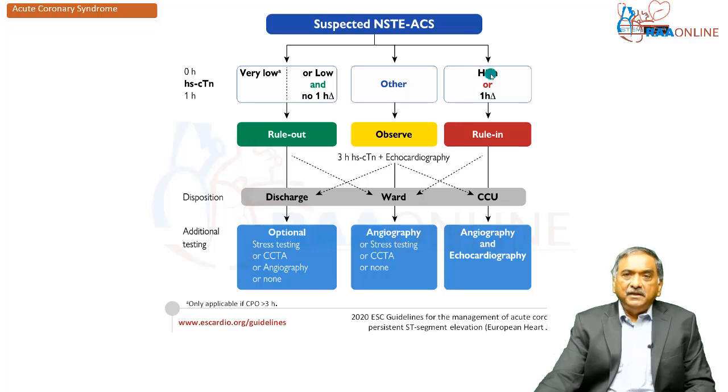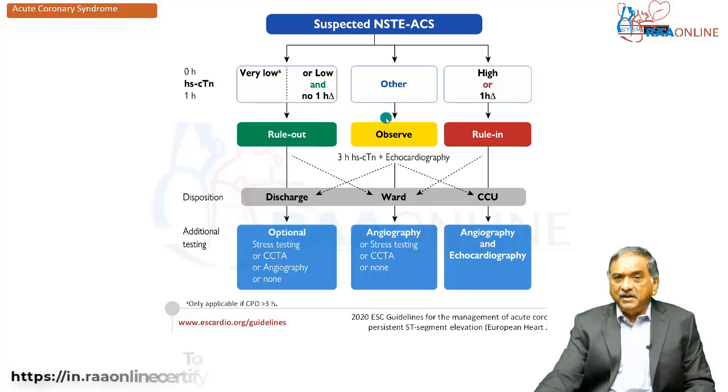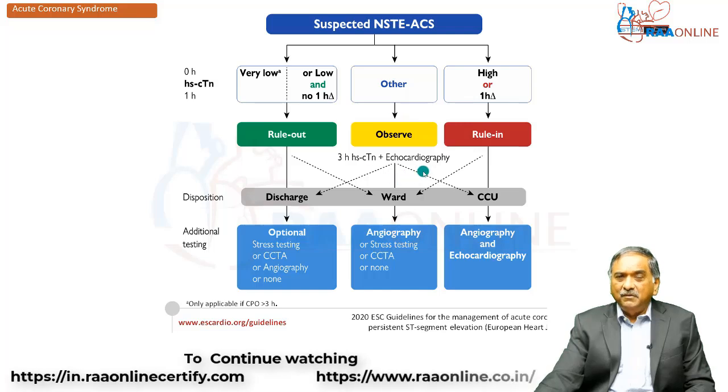If intermediate between high and low, one needs to do a 1 hour troponin. If there's a significant change, then they move this way. If there is no significant change, then again do a 3 hour troponin and an echo, and if that's also not significant, then one might look at other diagnoses.